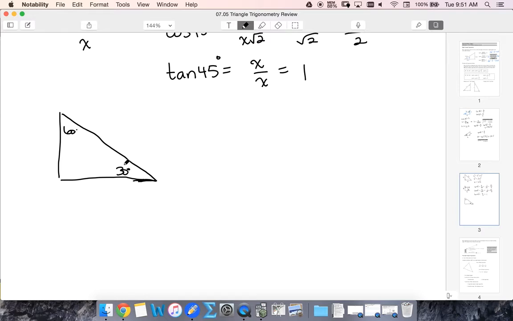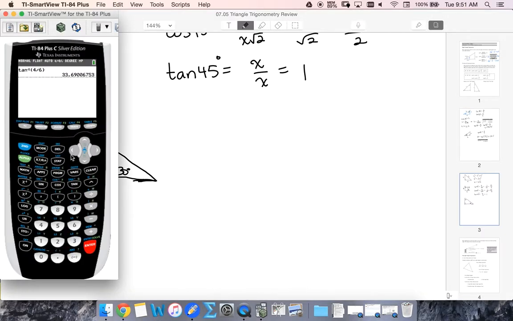All right, so with a 30, 60, 90 triangle, now I'm going to tell you that there are special relationships, but we don't quite know what they are yet. So let's go to our calculator and look at the ratios.